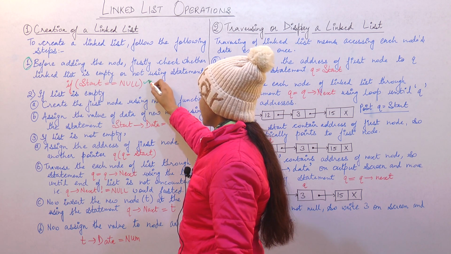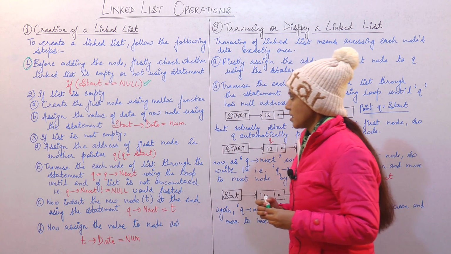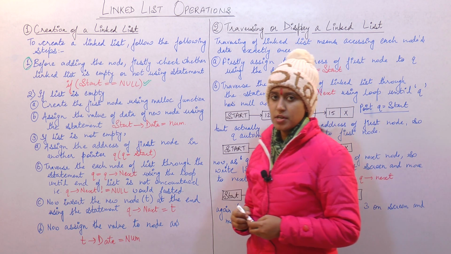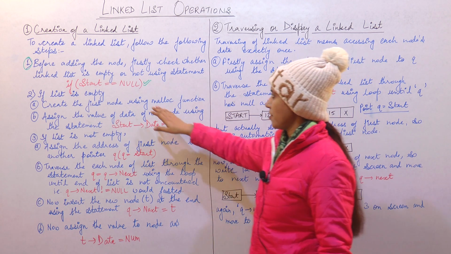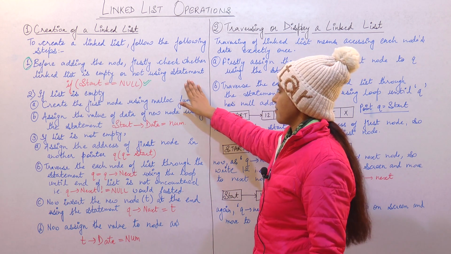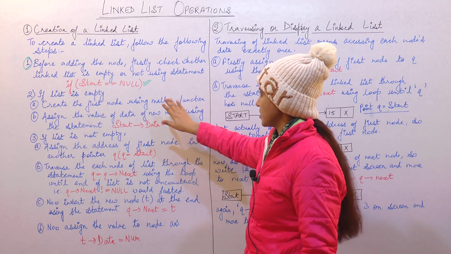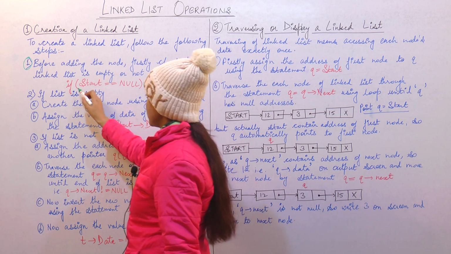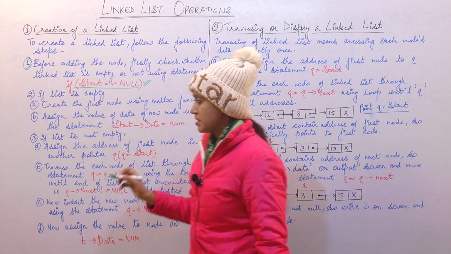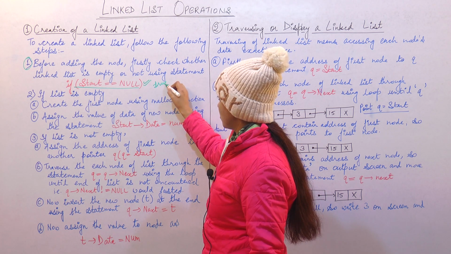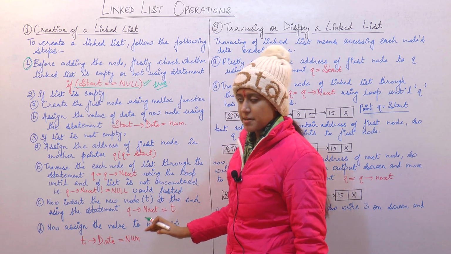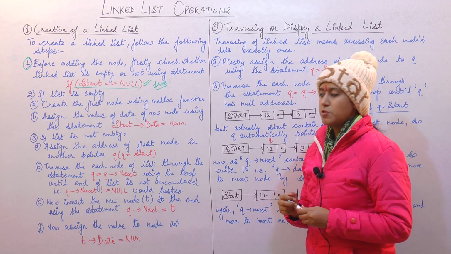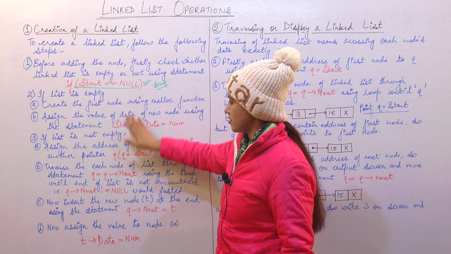If this statement is true, that means our linked list is empty and we can add a node to create a linked list, and we will follow the following steps.